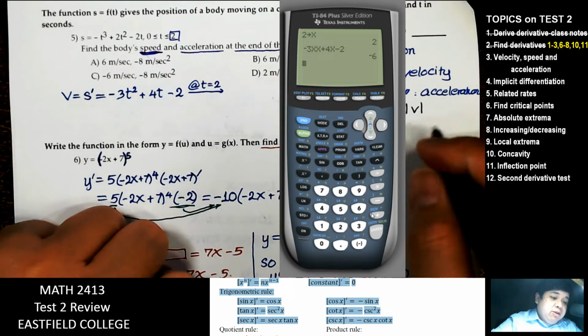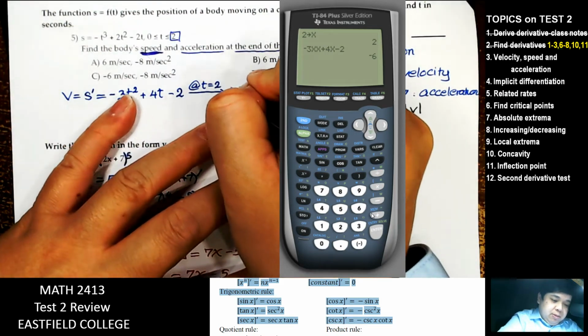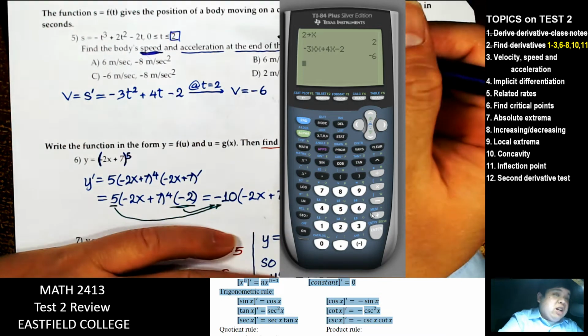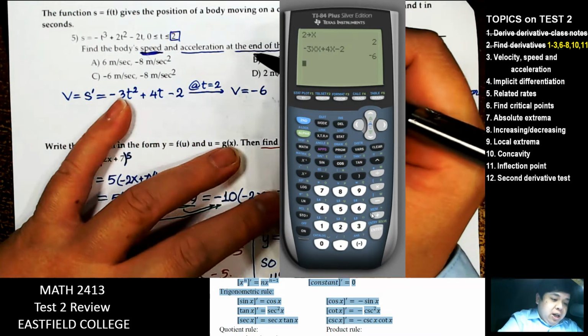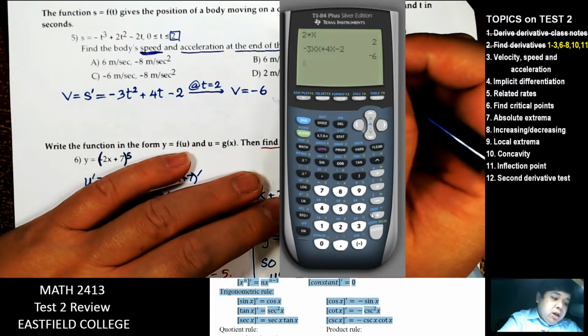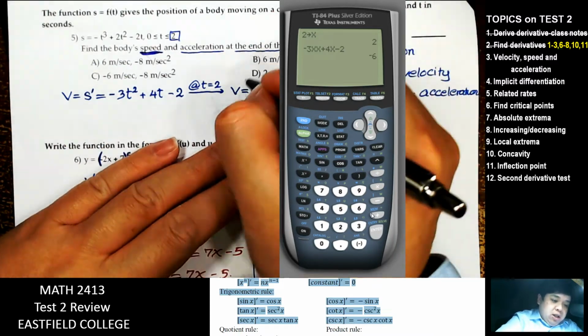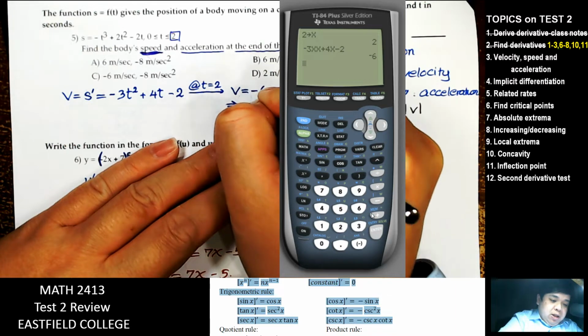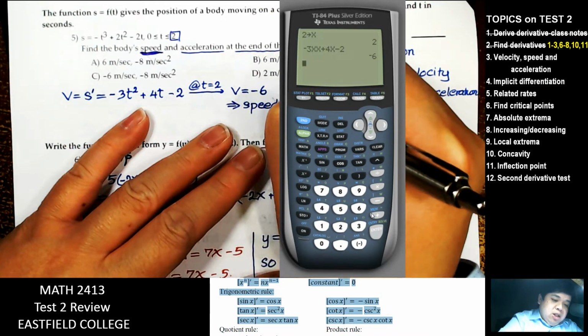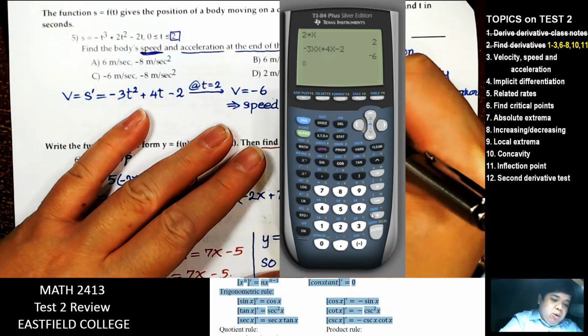So it is negative 6. Of course, the unit will be meter per second. However, we find the speed, not the velocity. So the speed, the magnitude of v, will be positive 6.